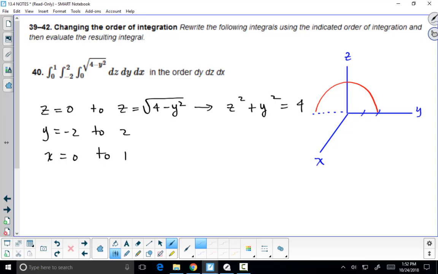But we are using the entire semicircle because y goes -2 to 2, and then extruded out exactly 1 unit. So we'll come out to x equals 1, and we will have something like that. And it's a little bridge, a semicircular arch.